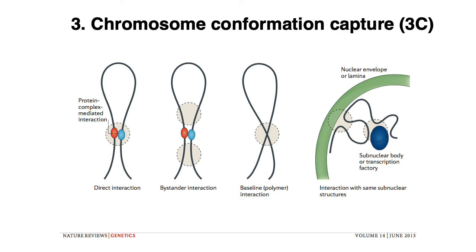And so the third approach you can use to order contigs is what's known as chromosome conformation capture, or 3C methods. We'll talk about 3C methods in much more detail in the nuclear organization lecture, but I'll briefly review them here because they're relevant for ordering contigs as well.